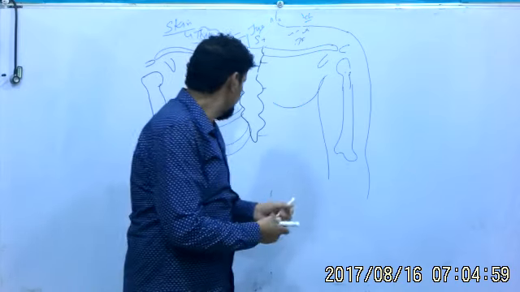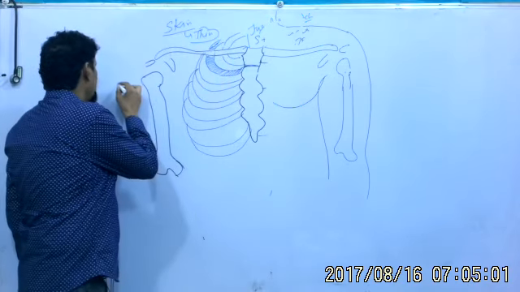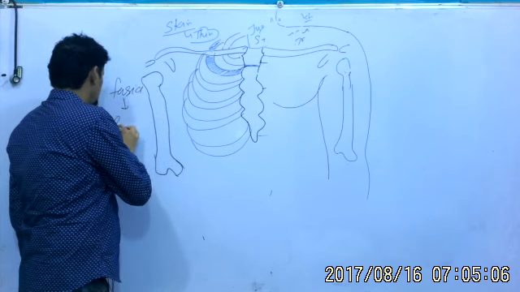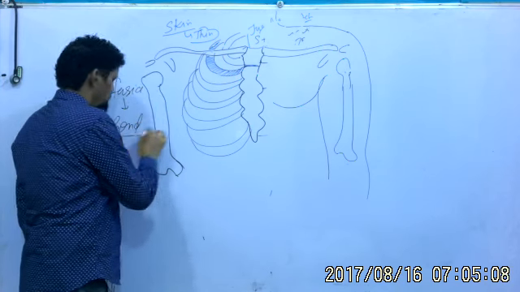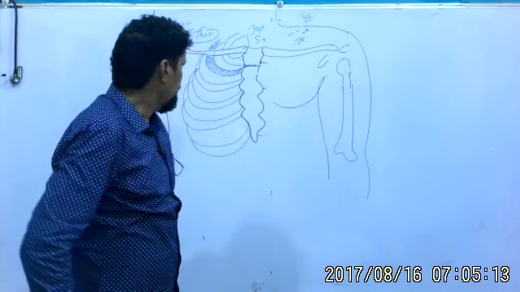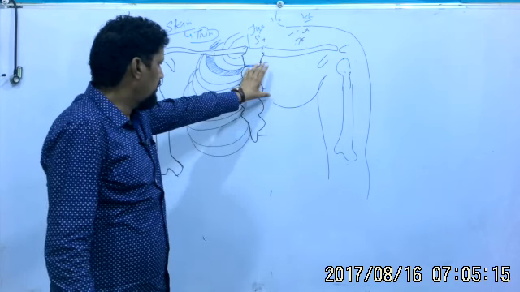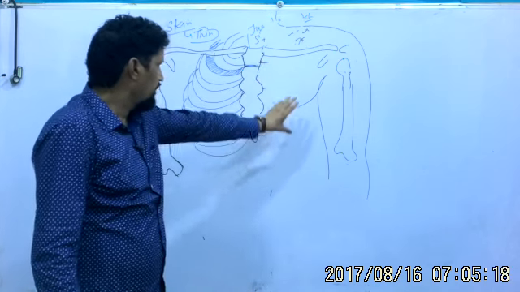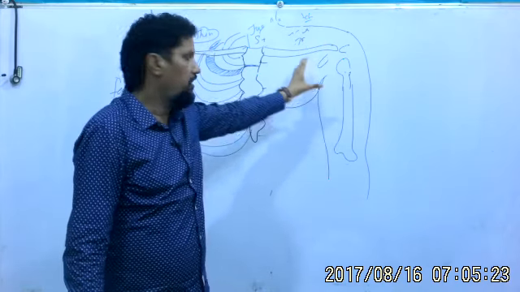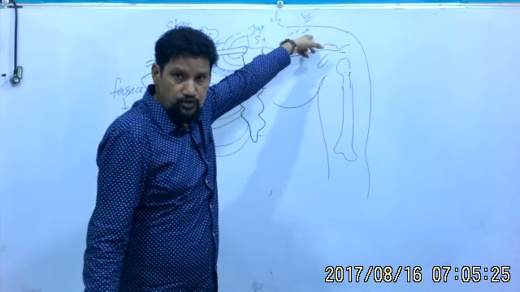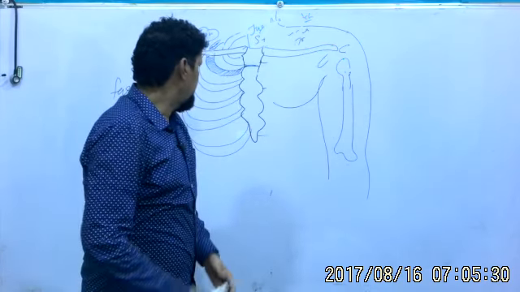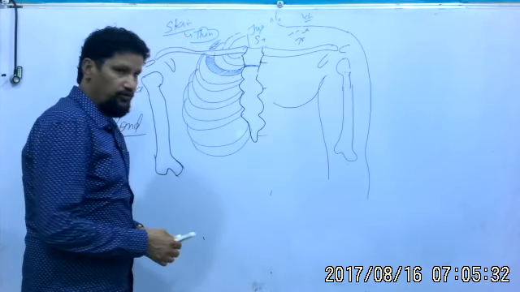The word fascia is used for the bond, and this bond remains continuous with the fascia of the abdomen, with the fascia of the axilla, with the fascia of the neck, and also with the fascia of the scapular region. So, this is the superficial fascia.